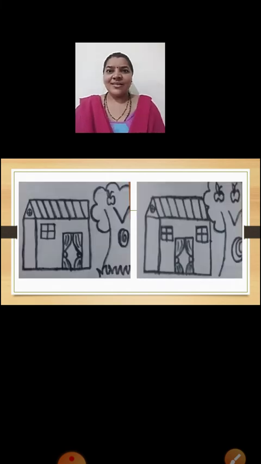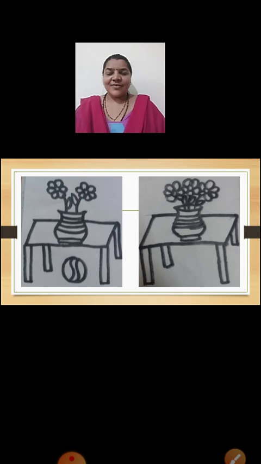Now children, see this picture and you are going to draw the same in your notebook and you will do the homework. This is one more picture which you are going to draw in your notebook and you are going to cross the difference.